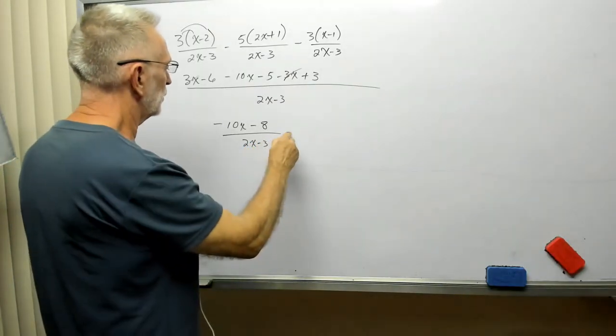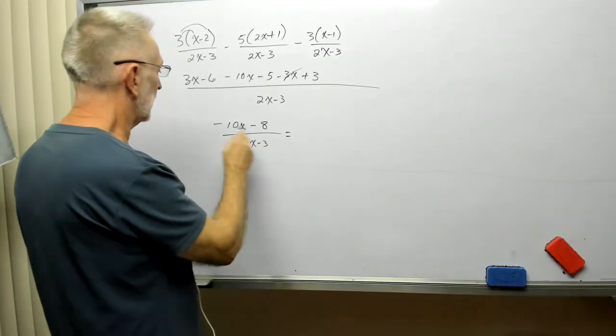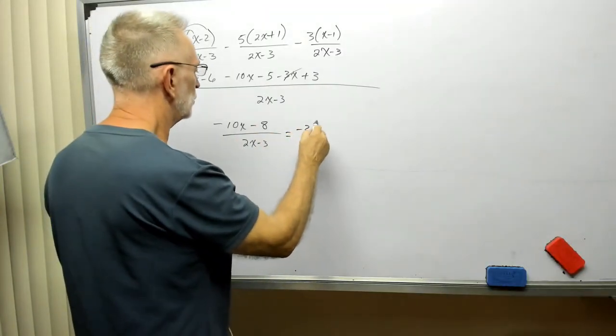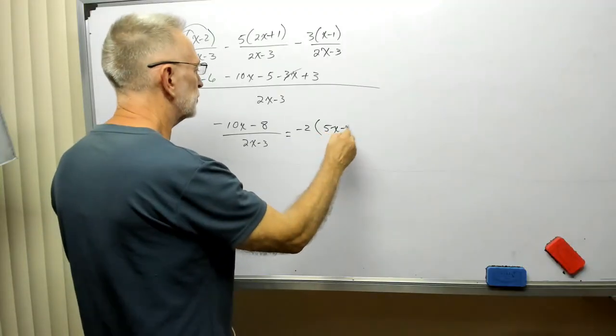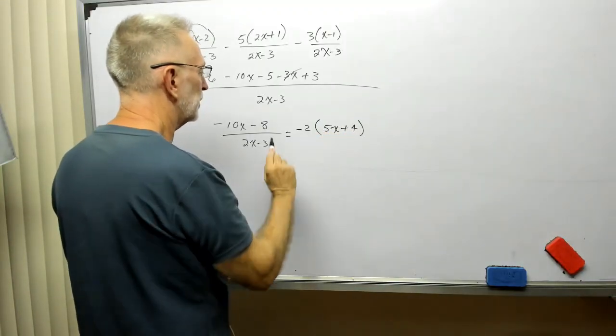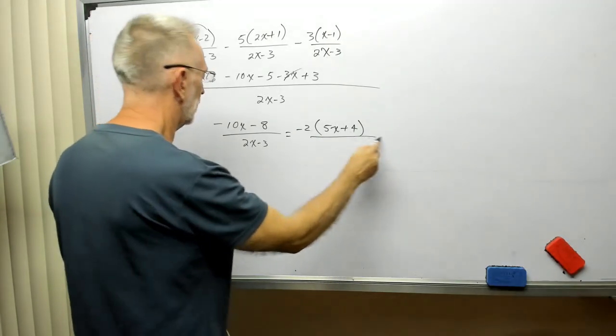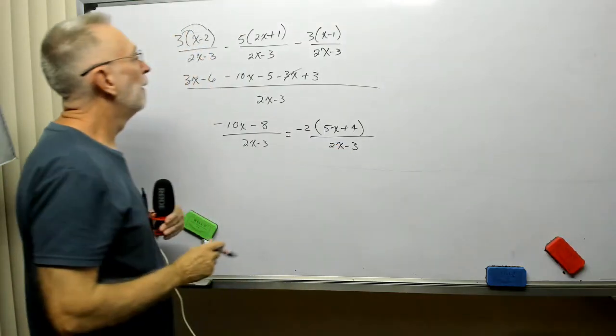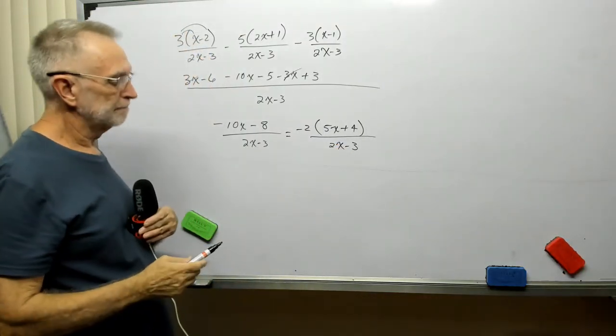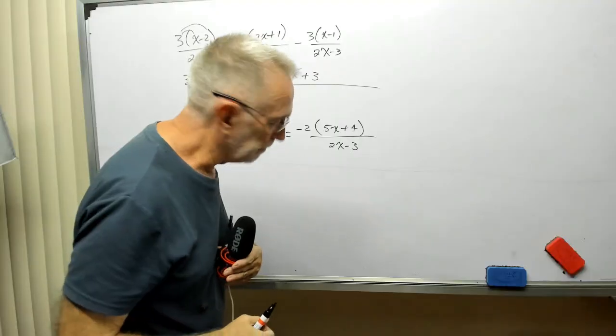Now if you wanted to, you could factor that negative 2 out. Negative 2 times 5x plus 4 gives me a negative 10x minus 8 over 2x minus 3. Okay? Not so bad there.